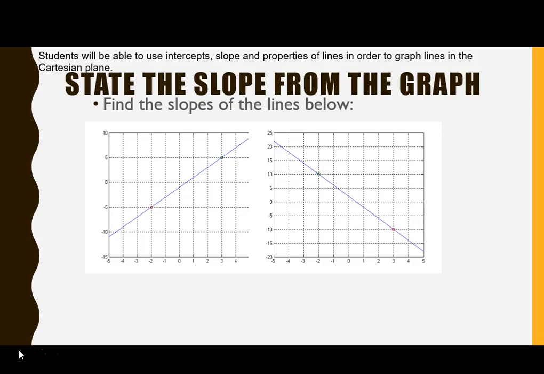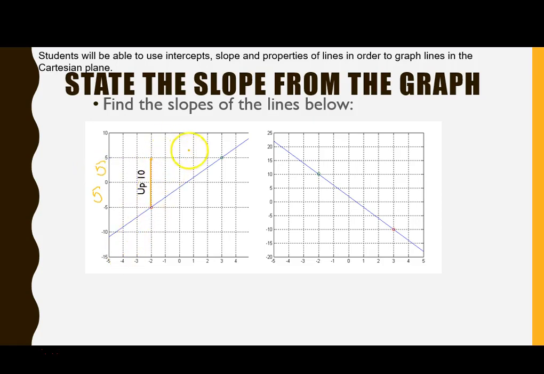Now, if we're asked to find the slope from the graph, one of the things you have to be careful of is your scale. And I did this intentionally when I chose these particular graphs. So what I'm looking at here is when I do rise over run, notice this said it went up 10. It went up 10, but Finny, it only went up 2 blocks. Yeah, but if you look over here, this is 5 blocks, that's 5, and that's 5. So that's 5 plus 5, which is 10.